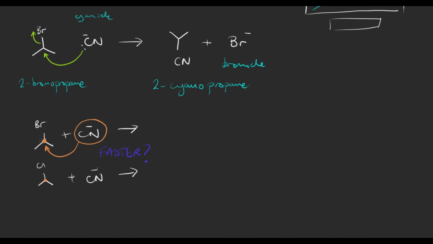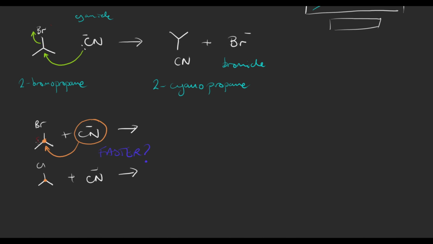So therefore, on bromine, this center is less positive. I'll say all of that again. Bromine is less electronegative than chlorine. That means that bromine pulls electrons less strongly than chlorine, and that means that for bromopropane, the electrons are less pulled away from the carbon, and therefore that carbon positive is less positive.